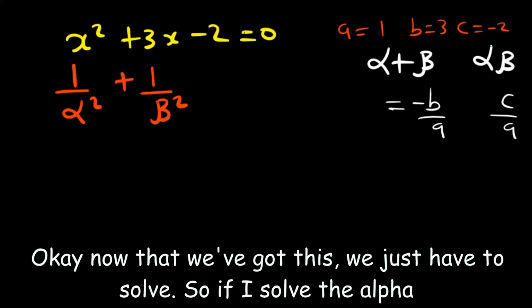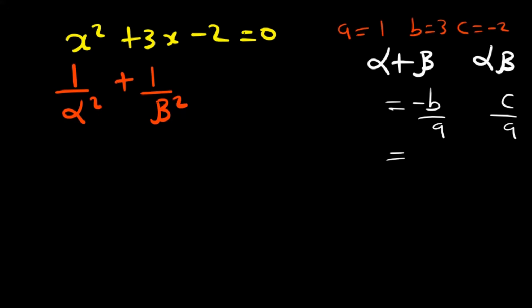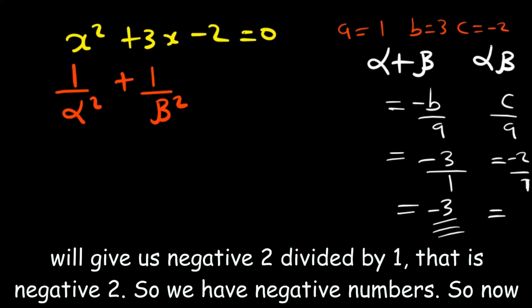So if I solve the alpha plus beta, it will be negative b, which is 3, over a, which is 1. So the alpha plus beta is just negative 3. Then for our alpha beta, our c is negative 2, our a is 1. So this will give us negative 2 divided by 1, that is negative 2. So we have negative numbers.